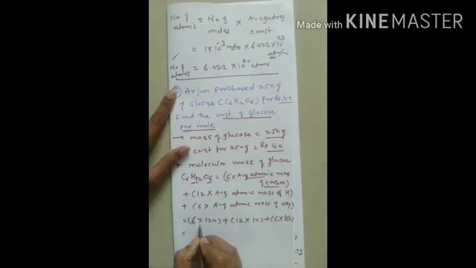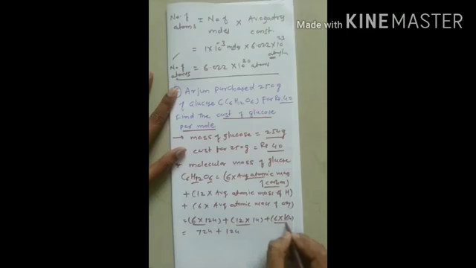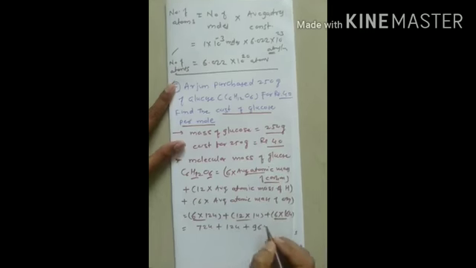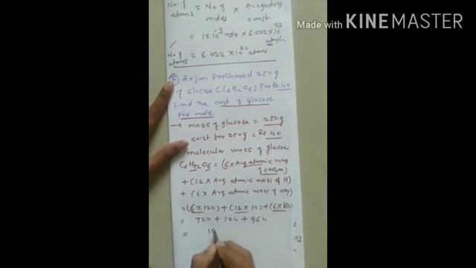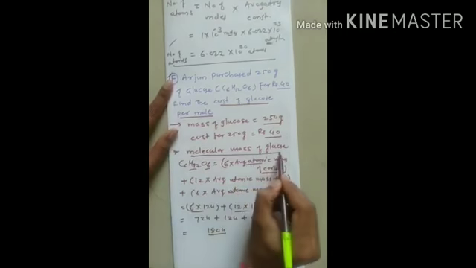If you calculate it, 12 into 6 is 72 u, plus 12 into 1 is 12 u, plus 16 into 6 is 96 u. If I add it, I get 180 u. This is the molecular mass of glucose.